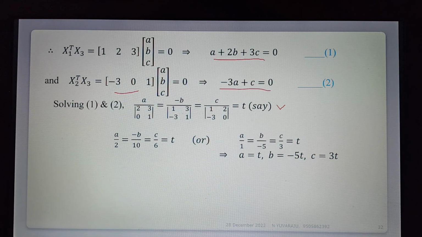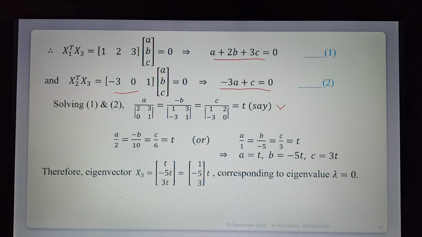That gives a is equal to t, b is equal to minus 5t, c is equal to 3t, where t is a non-zero real number. So therefore the third eigenvector is x3 is equal to t, minus 5t, 3t, that is t common 1 minus 5 3, corresponding to eigenvalue 0.